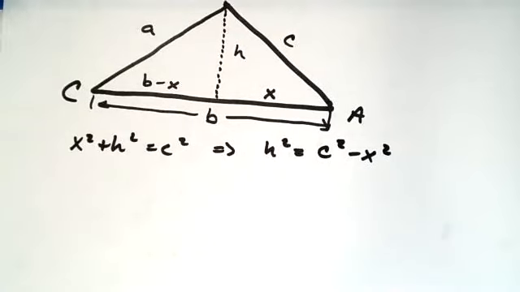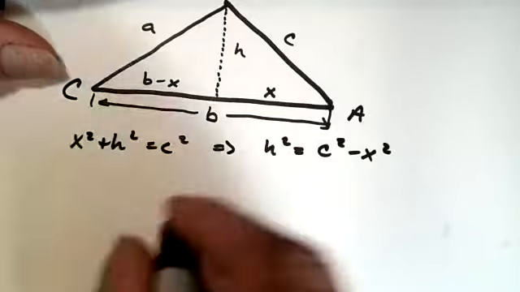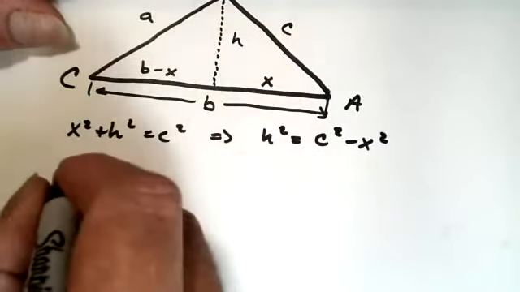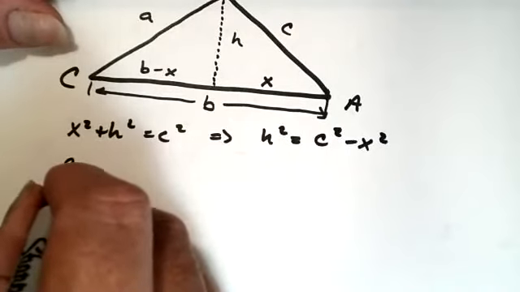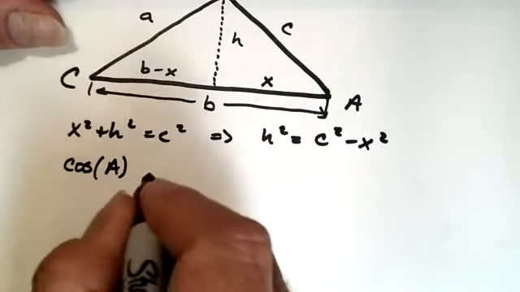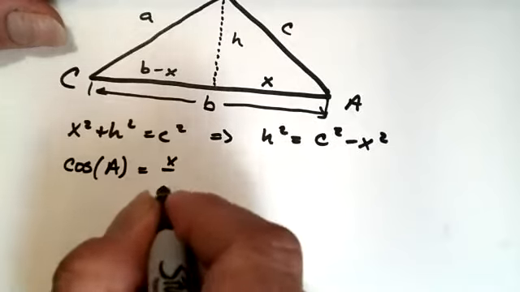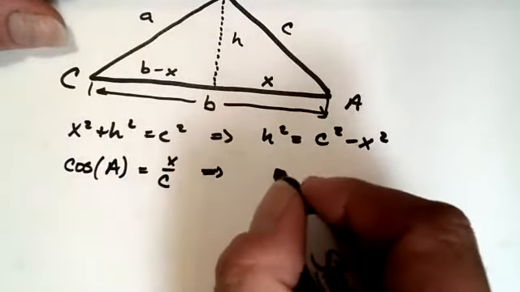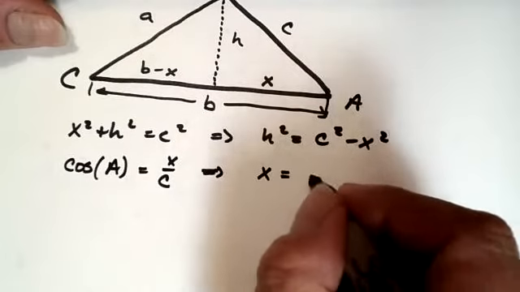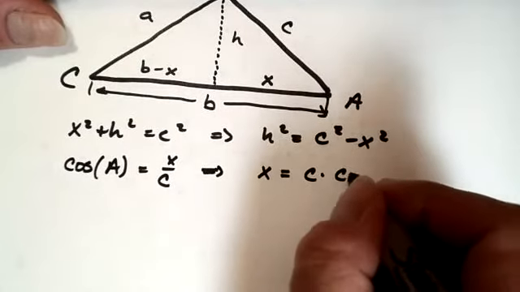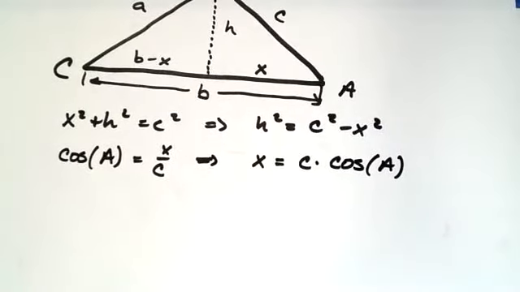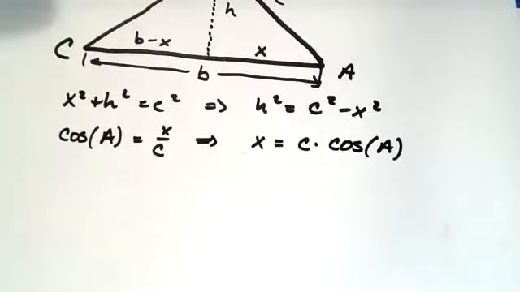So I'm going to find a way to substitute x. So I really have three equations. Note that cosine of A is equal to x over c, and therefore x is equal to c times cosine of A. Okay, we'll end up substituting that at some point.